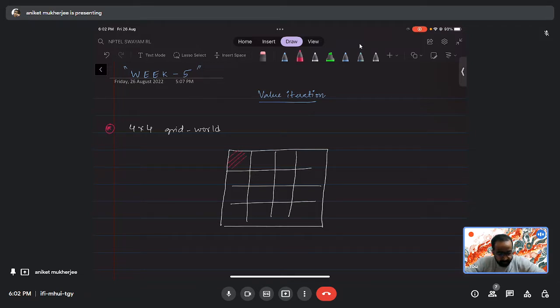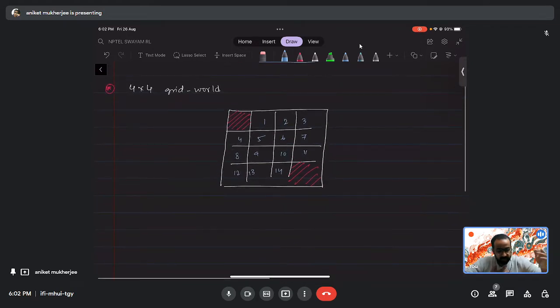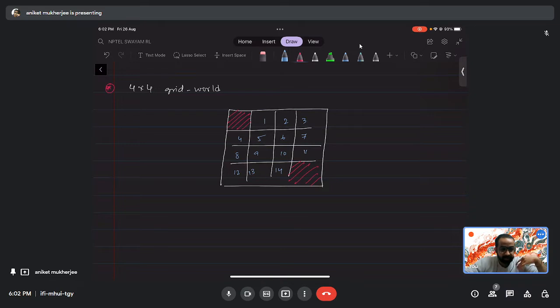So these two states are terminal. And I have the rest of the states as 1, 2, 3, 4, 5, 6, 7, 11, 12, 13. Now my problem is I want to reach the terminal state given any state. So could someone just say what the states are?